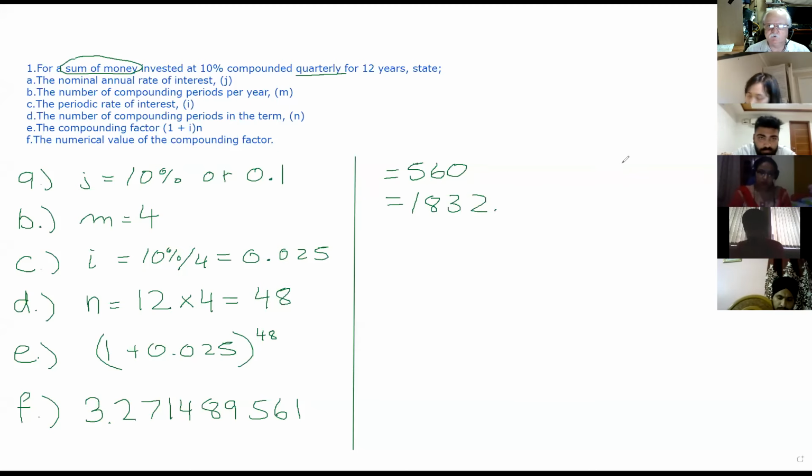Now we can't have 3 decimals because it's money. So it's going to have to be just 03 there. So whenever you're putting these things into an equation, you have to calculate I and N, and you can't round them off.